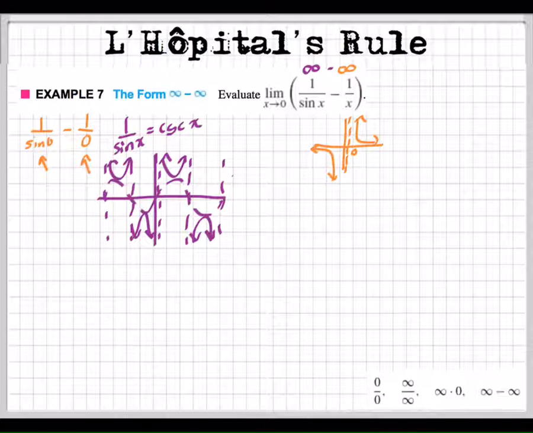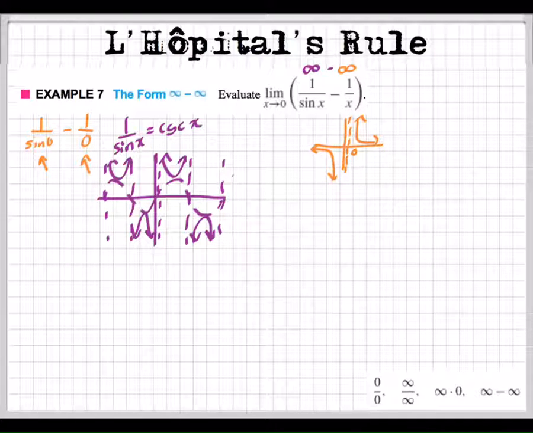Now, before I do my L'Hopital's rule, let's make one fraction first, because we have to have a numerator and a denominator. No, two denominators here. Actually, I think what we can do is split this up, because this says minus. Can we split it up? I think we can. Let's try it. Yeah, I think we can split it up, because you can split up addition.